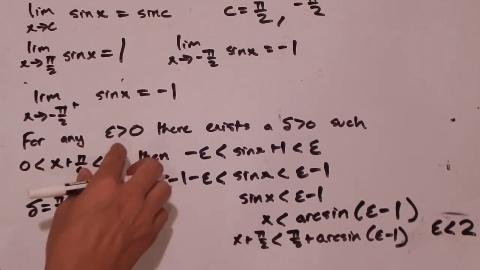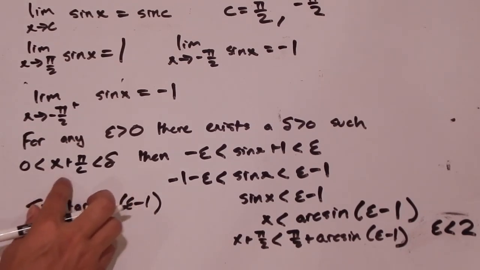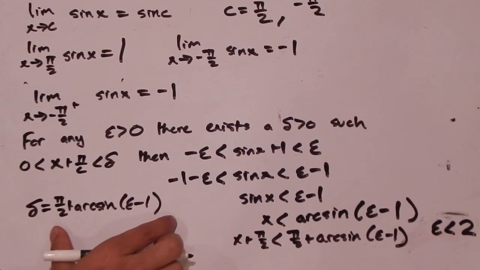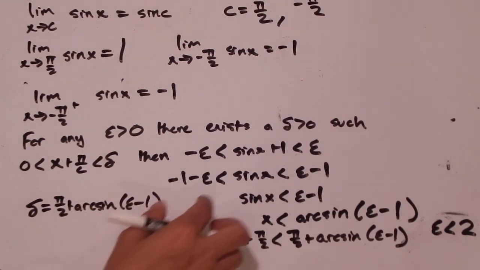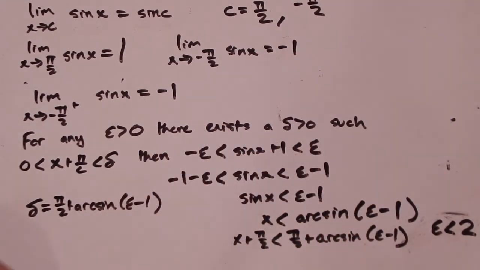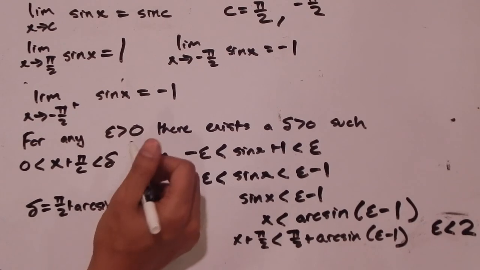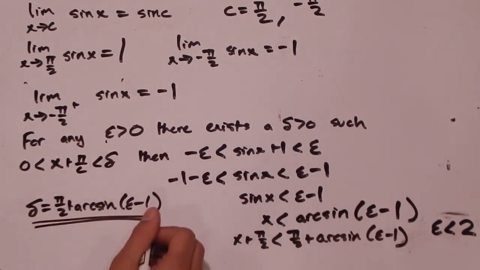So if you give me any epsilon value greater than 0 but less than 2, if I was to pick an x value such that x plus pi over 2 is less than pi over 2 plus arc sine of epsilon minus 1, then of course epsilon will be greater than sine of x plus 1, and that will be greater than negative epsilon. So that shows that for any epsilon greater than 0 but less than 2, we have that delta.